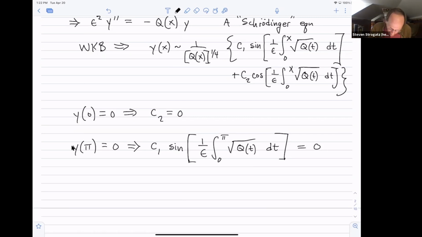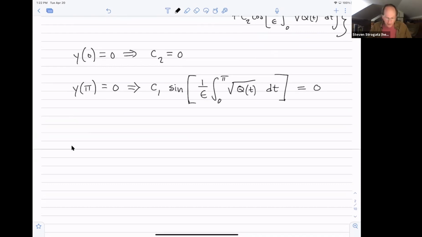So that only leaves us to say that the sine of that bracketed term has to be 0, and the sine function is 0 at integer multiples of pi, right? Pi, 2 pi, 3 pi.